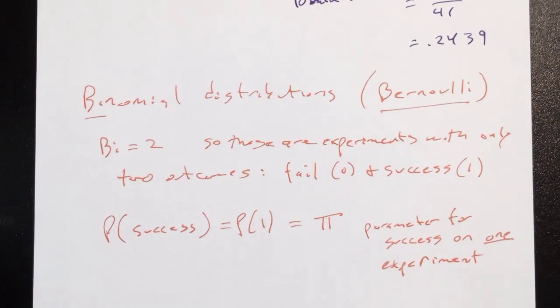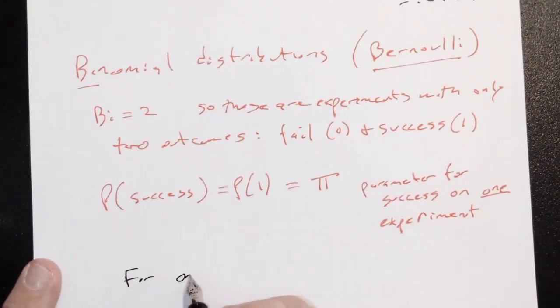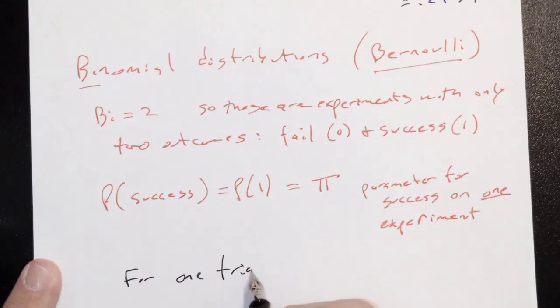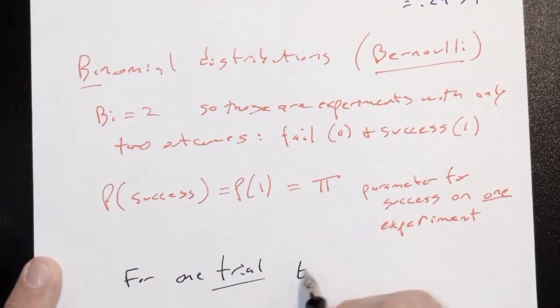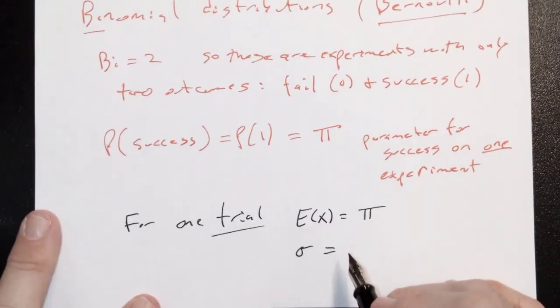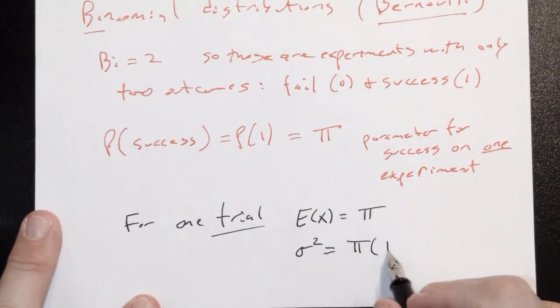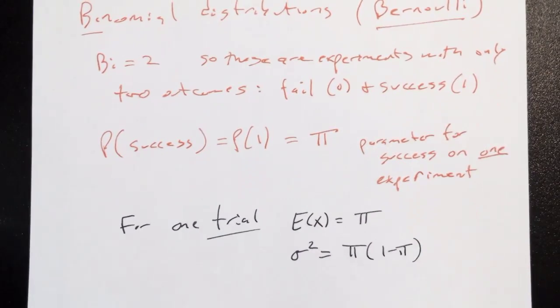Now, it turns out for one test, one trial of my experiment, the mean is exactly the same as this probability of success, because there are only 2 outcomes, and I multiply this number by 1, and I multiply 1 minus that times 0.